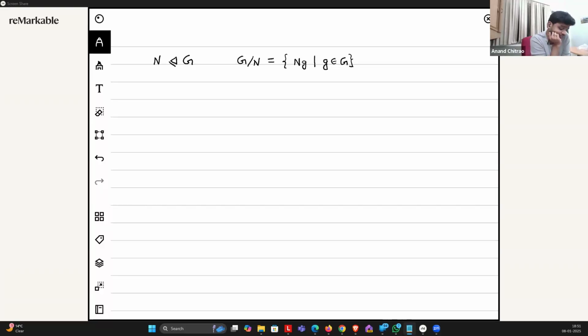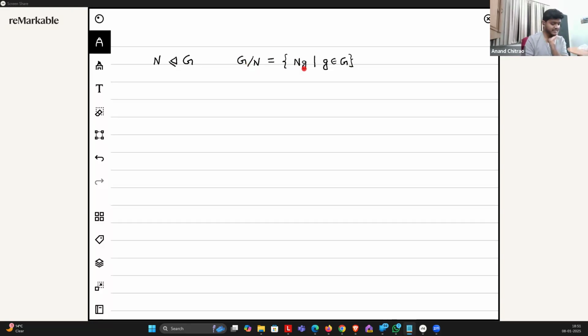Now, this is just a set, nothing special about N has been used over here. Even if N was not normal, you could look at G mod N as the set of right cosets of N in G. But for this to get a group structure compatible with the group structure on G, you must demand N to be normal.